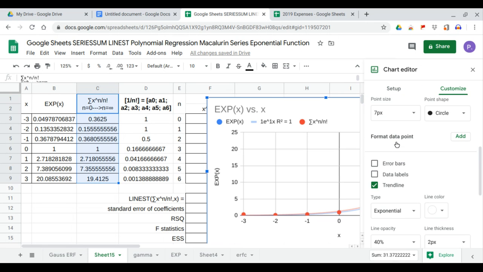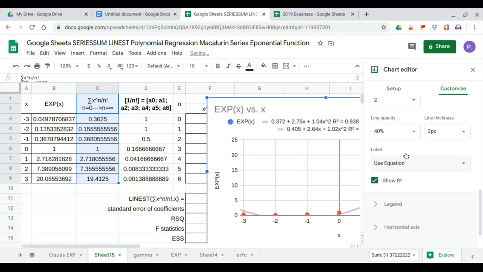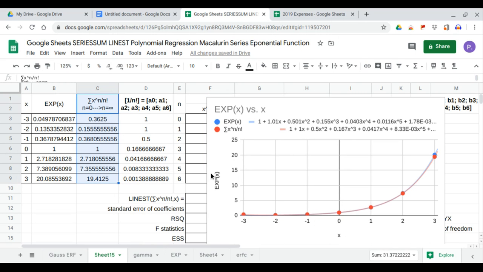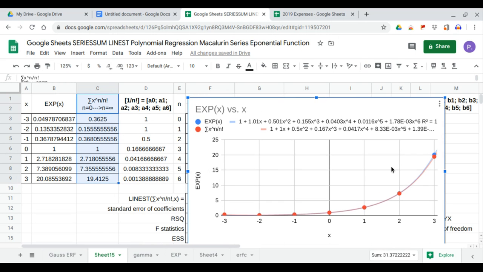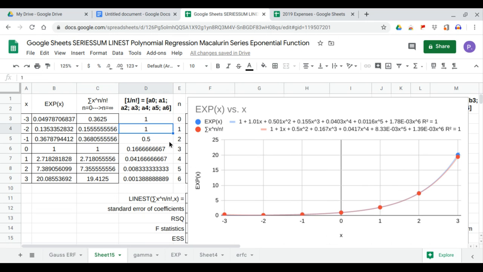the polynomial regression. So we use the polynomial raised to the power 6 because there are 6 data sets here. And we show the R squared. So this shows the coefficient of our expansion. A0 is 1, A1 is 1, so A0 and A1 are the same.